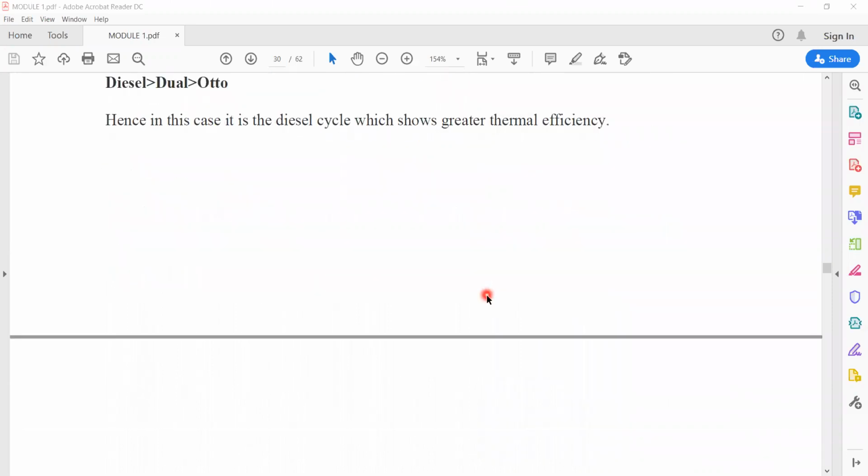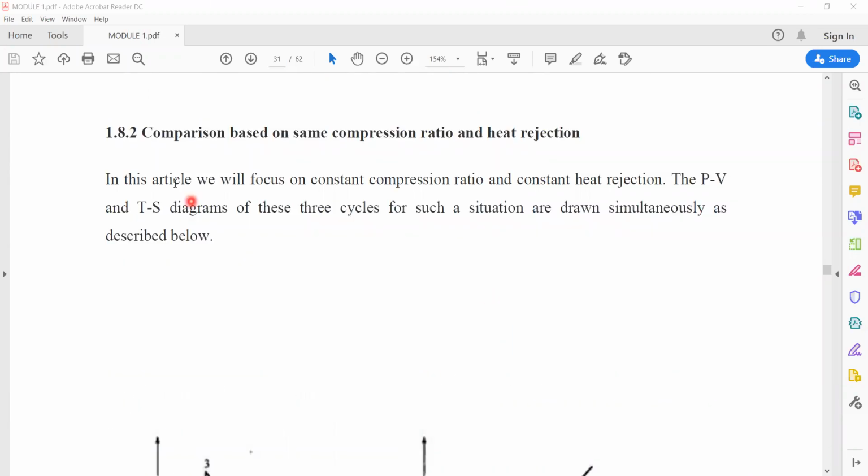The next important condition is the comparison based on the same compression ratio and heat rejection. This is very important. Before going to the PV and TS diagram, let us understand the definition of compression ratio.